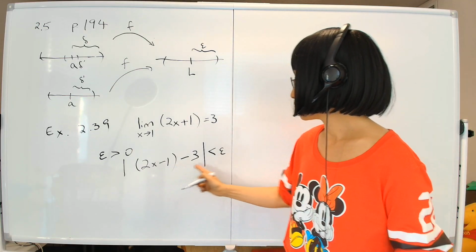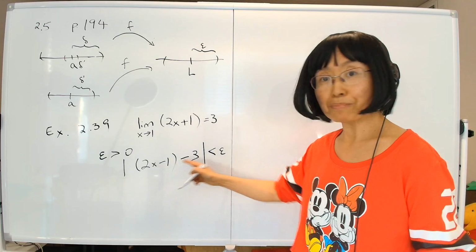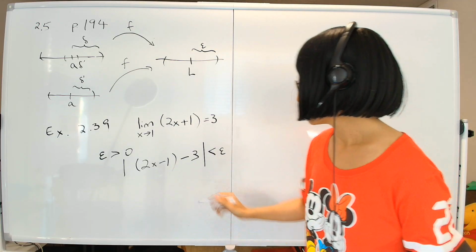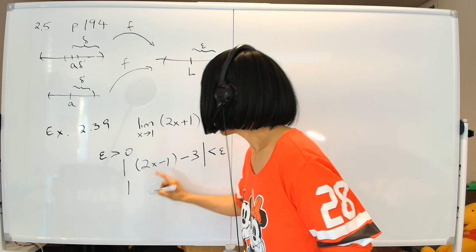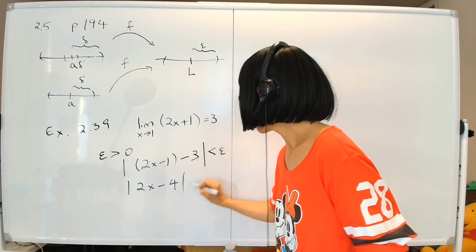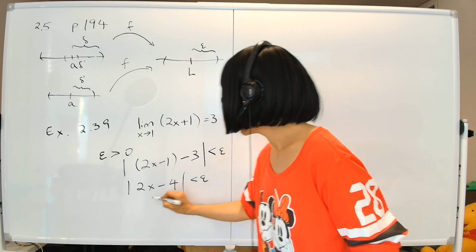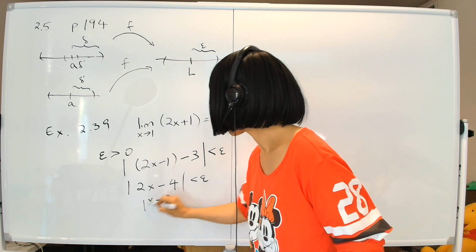So the absolute value of 2x plus 1 minus 3 has to be less than epsilon. So 2x minus 2 is less than epsilon.